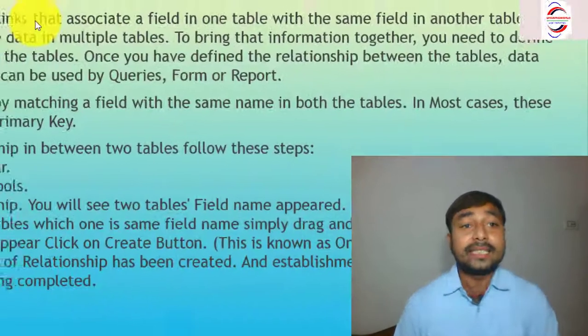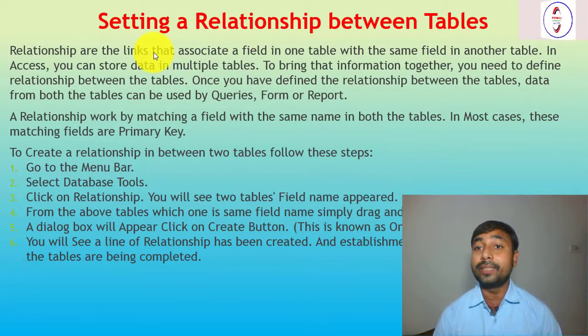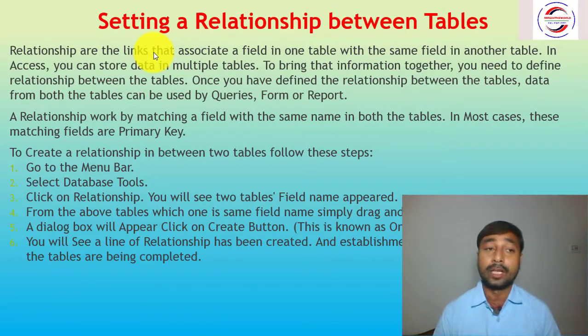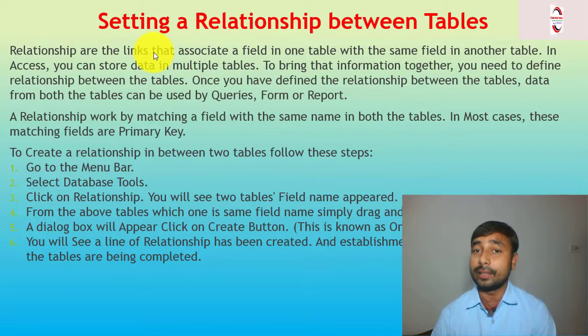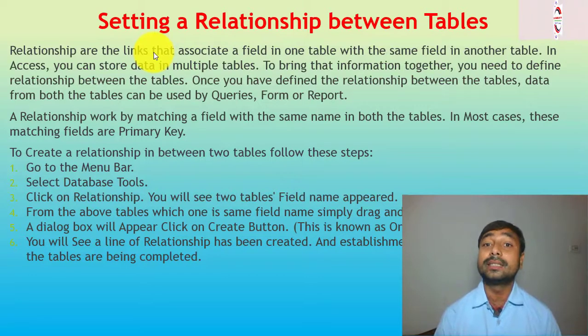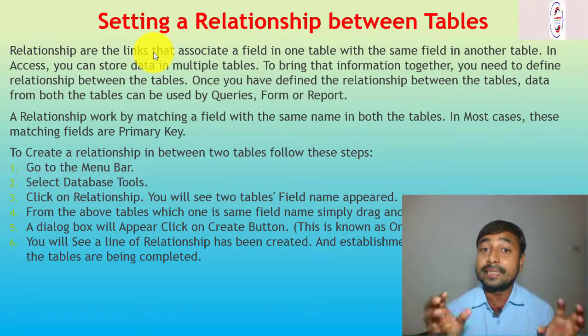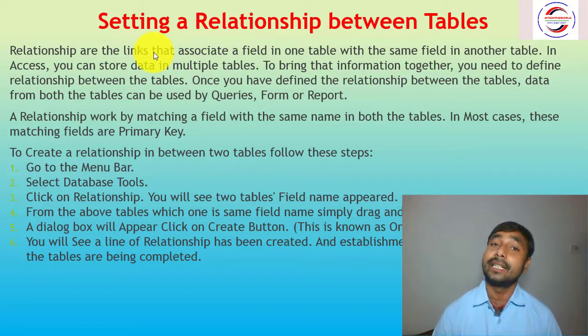Relationships are the links that associate a field in one table with the same field in a different table. Whenever we create tables and want to make a relationship between one table and the second table, both tables need a field with the same name and the same data. It should be similar in both tables.